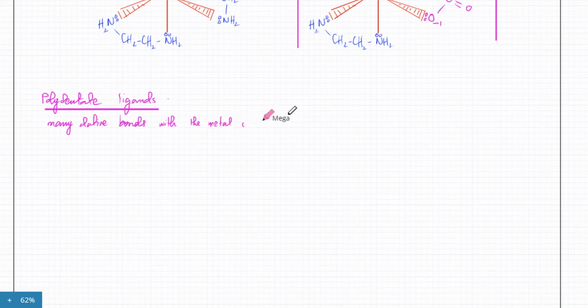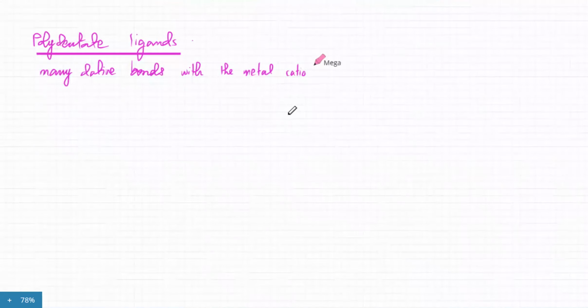Now, a lot of organic molecules, especially biological molecules like your enzymes and most of your cells, have this thing like iron in your red blood cell. I'm going to talk about that later.